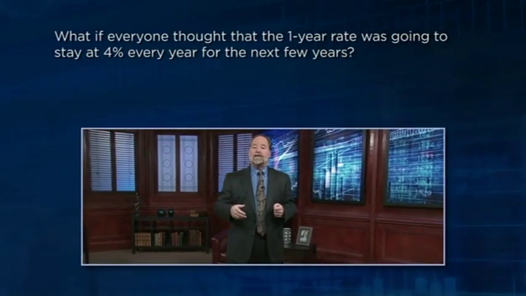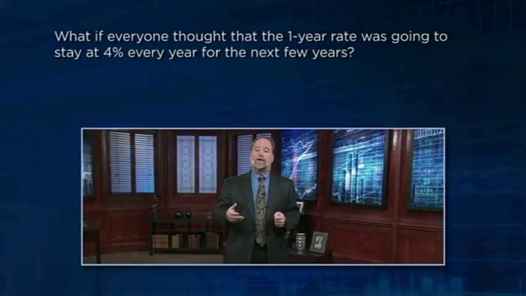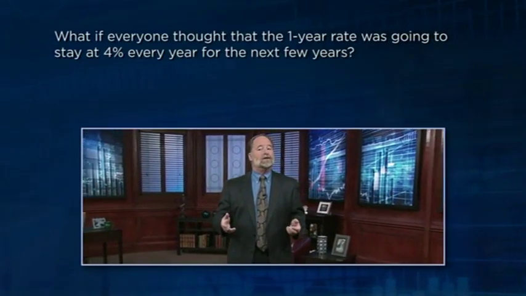We have seen that in a risk-neutral world, the forward rate is the market's expectation of the future short-term rate. Under this, what does an upward sloping yield curve imply about the market's expectation of future short-term rates? Not just next year, but years beyond that. What if everyone thought that the one-year rate was going to stay at 4% every year for the next few years?